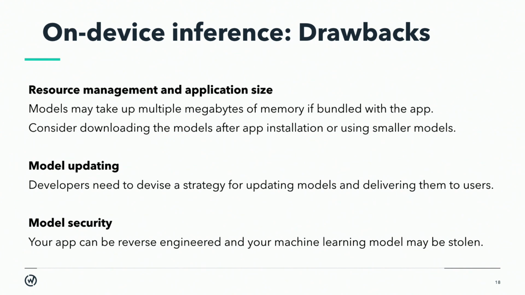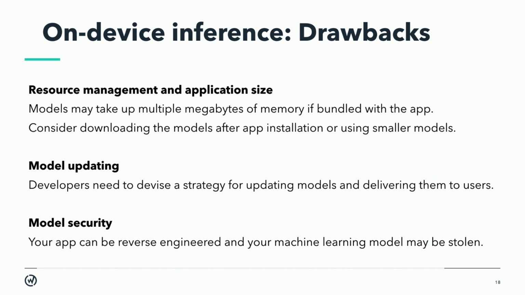Then, if you bundle your machine learning model with the app, some types of models can take multiple megabytes of memory. So if that is a concern to you, you might want to consider downloading the models after your app installation, or maybe consider using smaller models instead. And another thing to think about is how are you going to update your machine learning model.